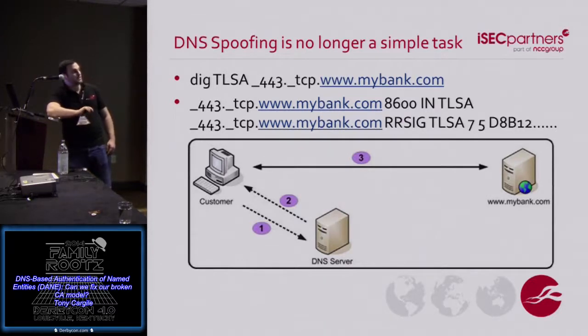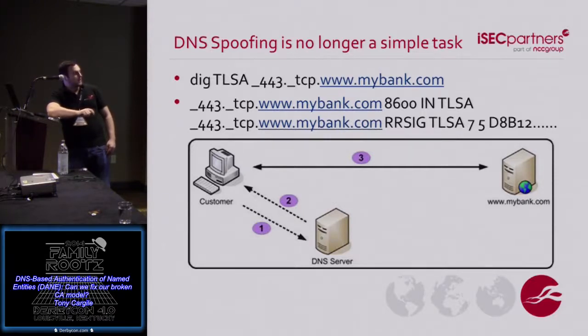So what does DANE actually do in this situation? When this A record happens, it also kicks back a TLSA record, which is a validated record. Now the client knows what this handshake certificate should be.